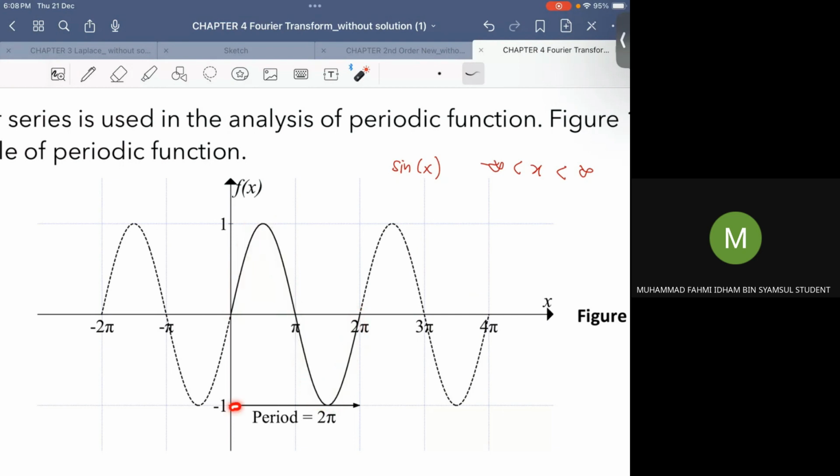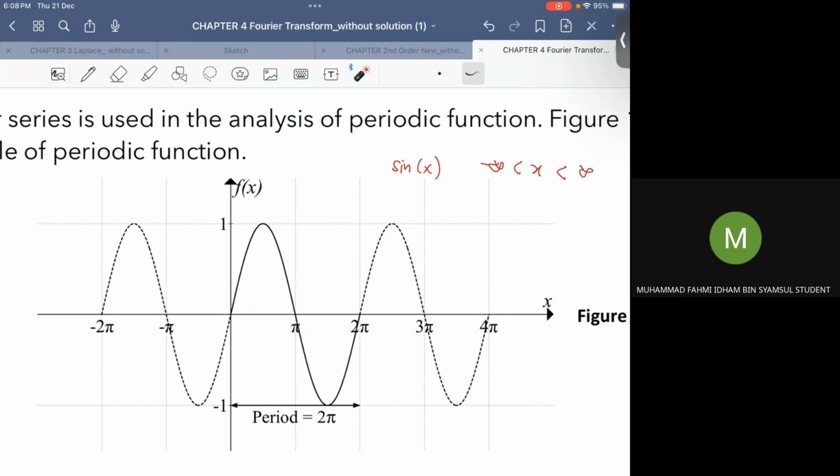This one from 0 to pi you get from here up to here. After 2 pi, when you try to plot again, you get the same function. Now you can observe this one and this one from here to here are just the same. So from 0 to 2 pi, we call this one a period.